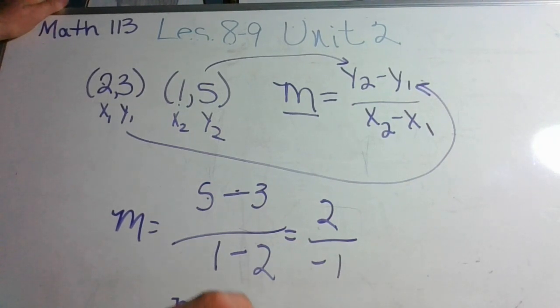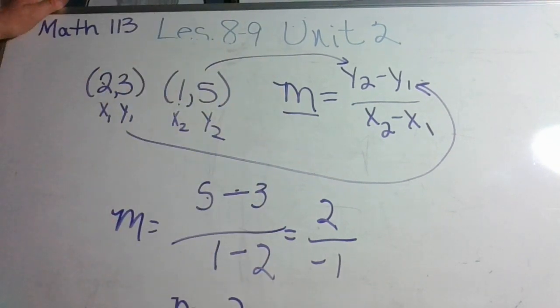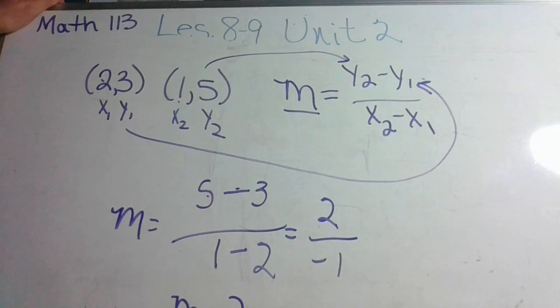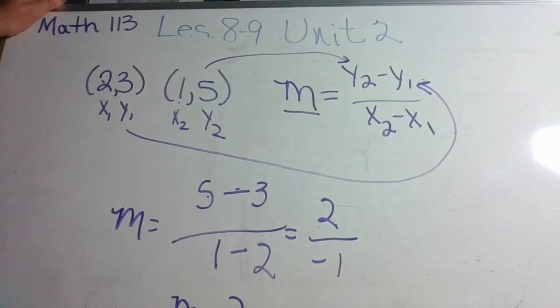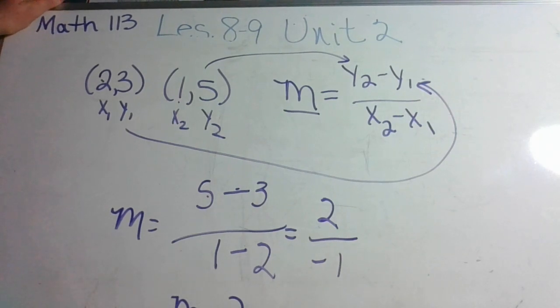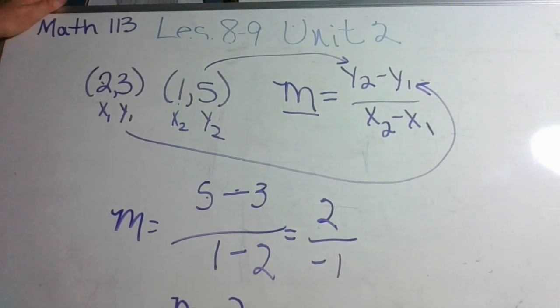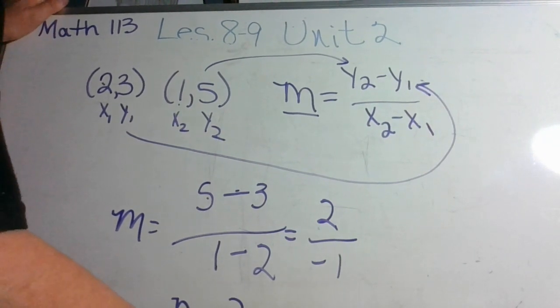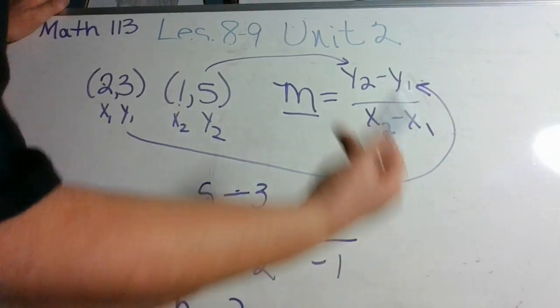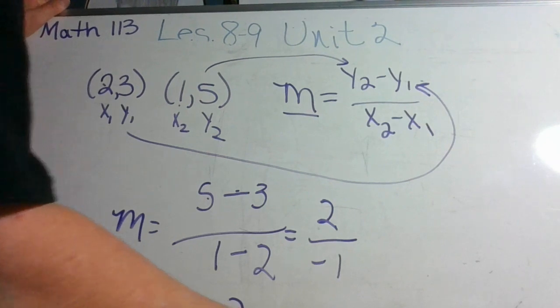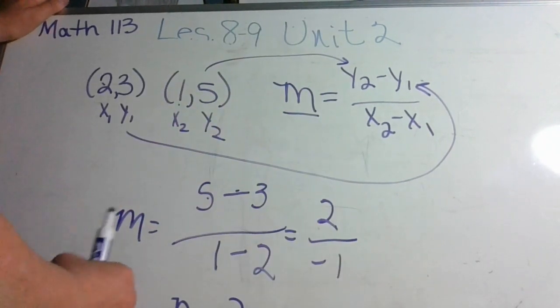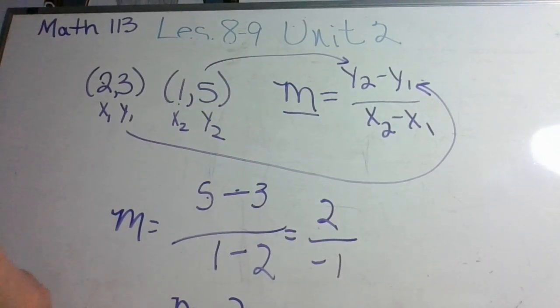And we can put that negative wherever we want to. We can put it up here or we can put it down there. I'm going to put it on the top just because I like to do it better that way. So the slope for this is -2 over 1. And I usually leave the slope in fraction form, and you'll figure that out later. If you're just asked to find the slope, you can certainly just say that equals -2, and that's correct. But if you need a fraction, you can put a 1 under it. That'll make sense to you here in a bit.